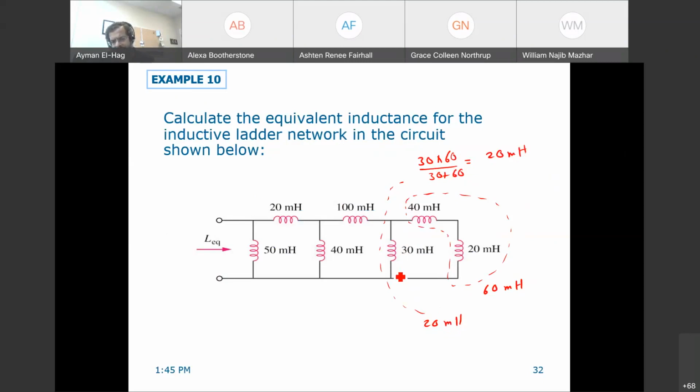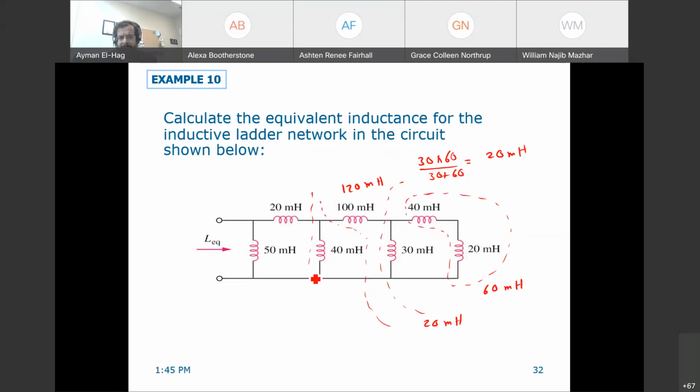Now this 20 is in series with the 100. So all of this becomes only one inductor in series with the 100 millihenry, so this becomes 120 millihenry. Now this 120 millihenry, which is the equivalent for all of this, is in parallel with the 40.